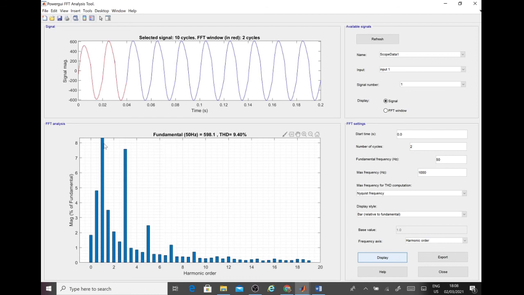And the content is mostly only the fundamental, because the fundamental is huge. Okay, the fundamental is a very huge value, whereas look at the third harmonic, it is very small compared with the fundamental, right? So of course we still have harmonics, but their percentage is very low.